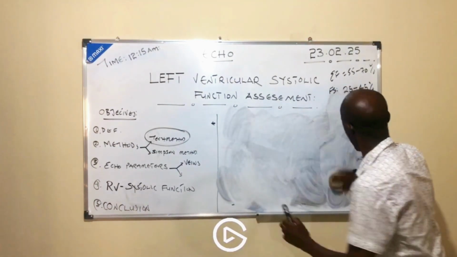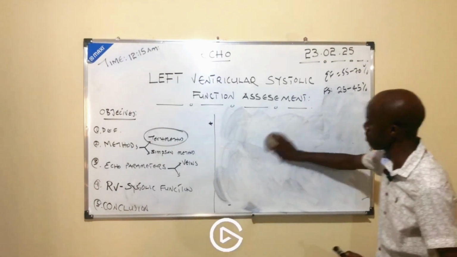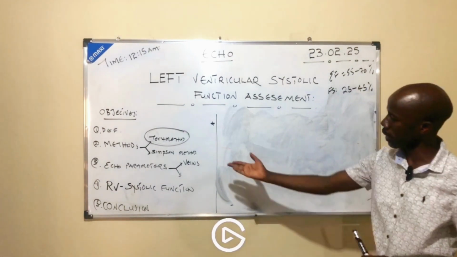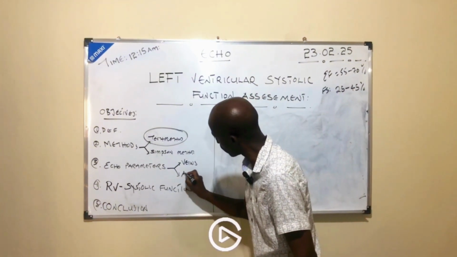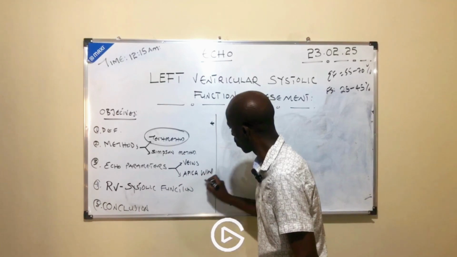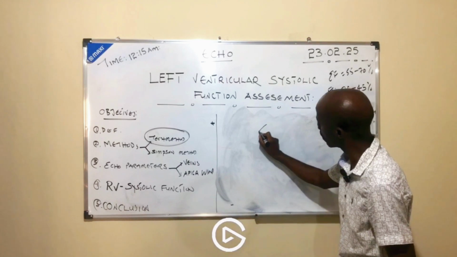So the biplane method is also very simple. You just need to take the preferred view in the biplane. The preferred view is the apical window, where you can have something like this.